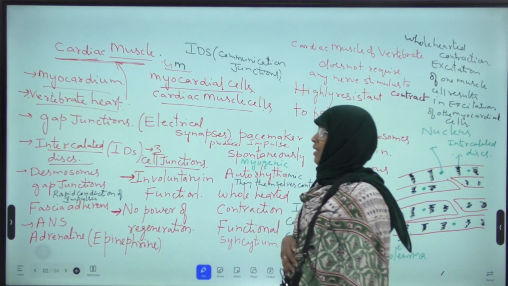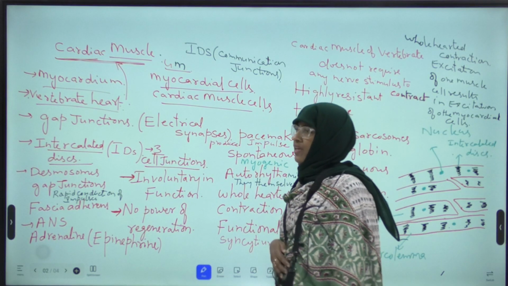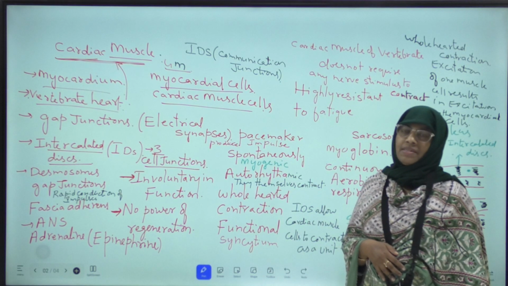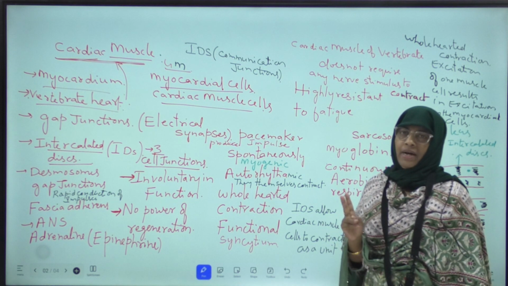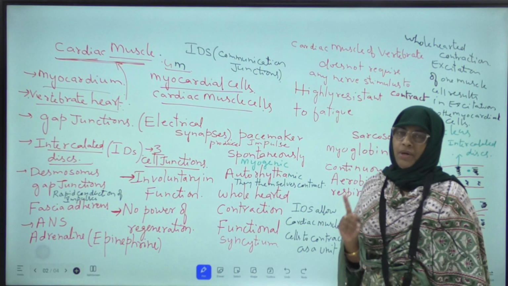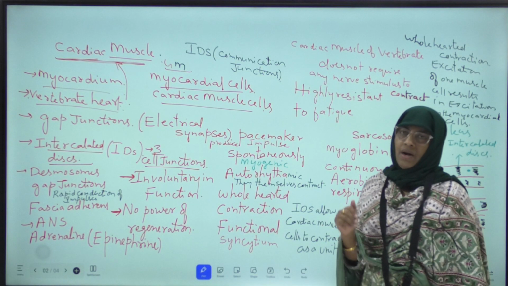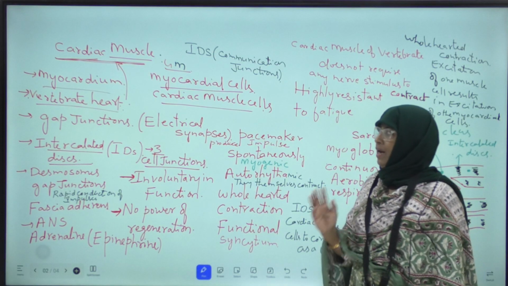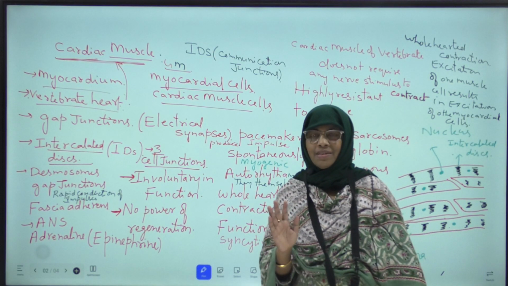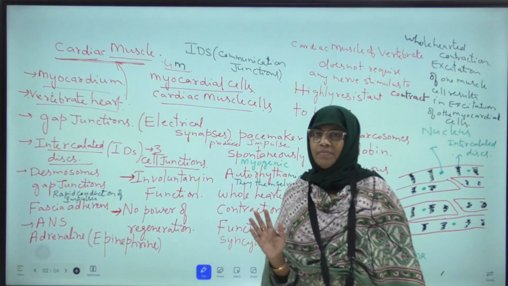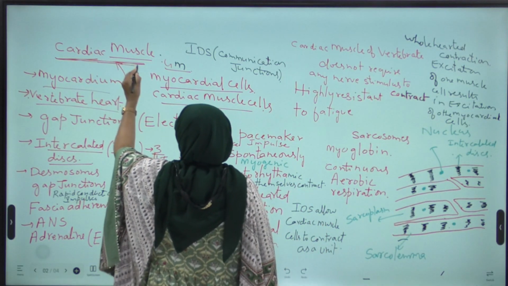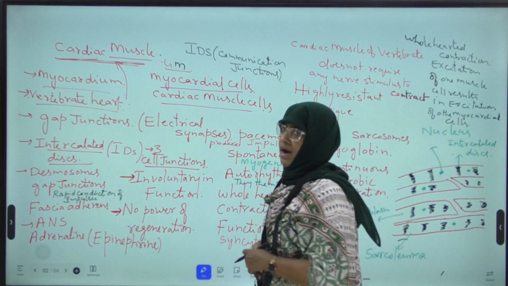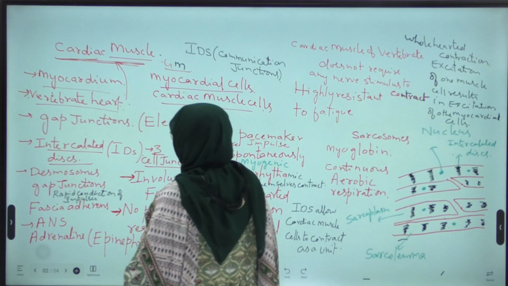Once again, in the wall of the heart of vertebrates, 3 layers are present. The outer layer is called epicardium, the middle layer is called myocardium and the inner layer is called endocardium. The myocardium is made up of cardiac muscle.